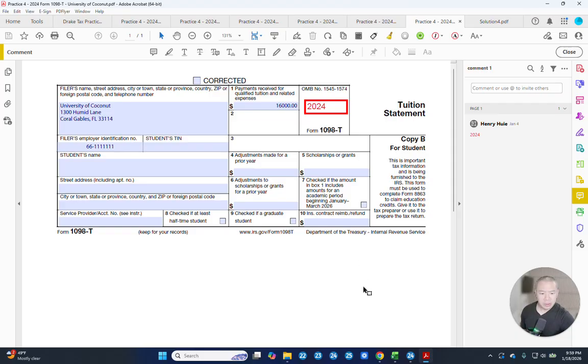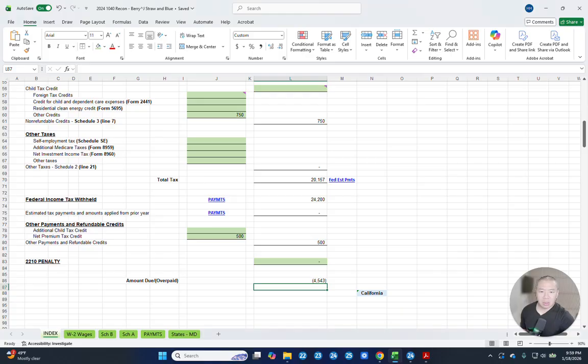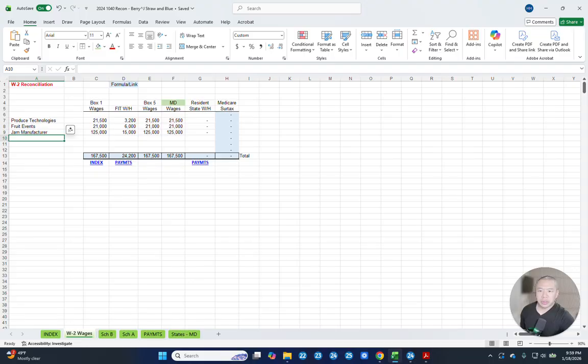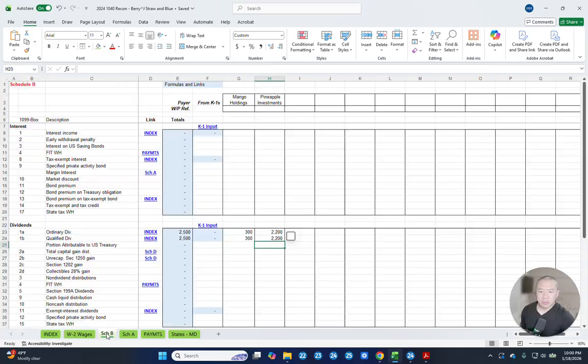So I typically start out, it doesn't really matter where you input it, with the tax software or the reconciliation. I think I usually start with the reconciliation: W-2 wages, trying to follow along with the box 1 wages, federal tax withholdings, Medicare wages, state wages, state withholdings, dividend amounts, ordinary, qualified.